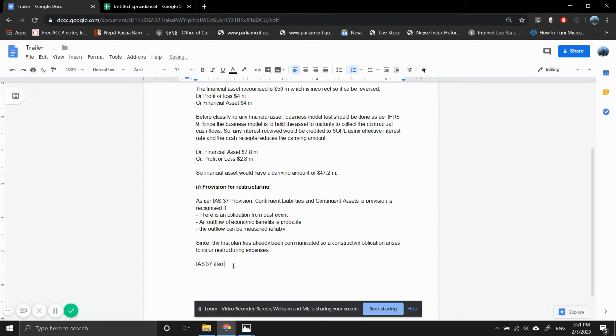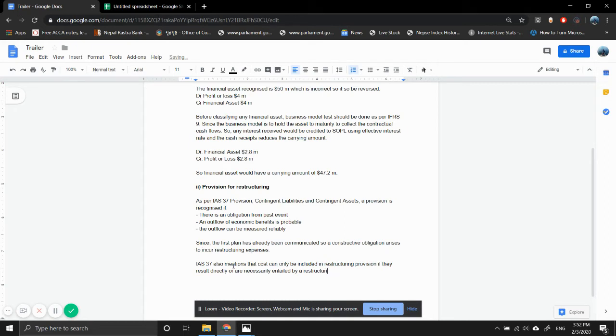IAS 37 also mentions that costs can only be included in a restructuring provision if they result directly from, or are necessarily entailed by, a restructuring.